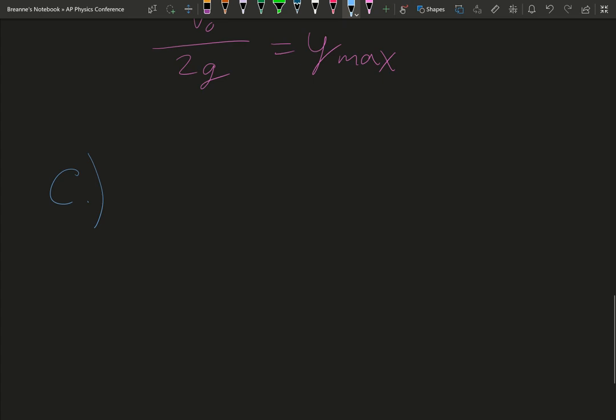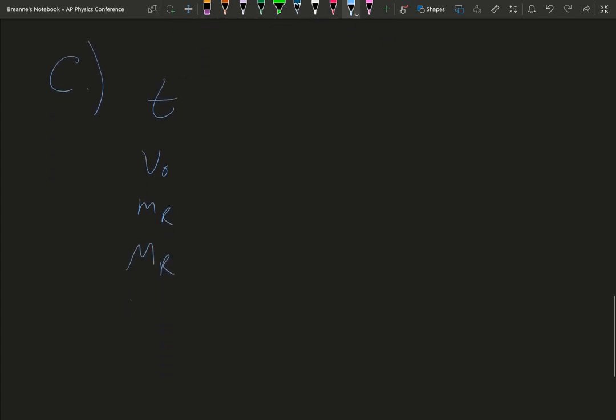So now we're looking for time. And the only variables we're allowed to use are v naught, little m_R, big M_R, H_x, H_y, that's just the height of your X and the height of your Y, and then g.